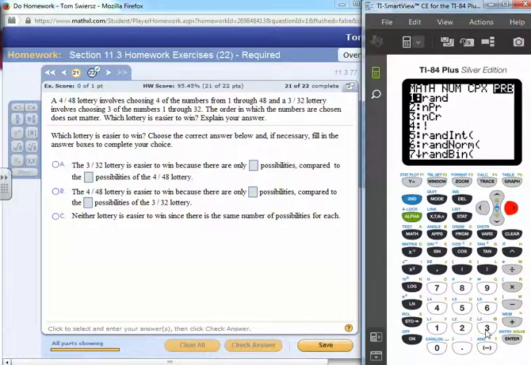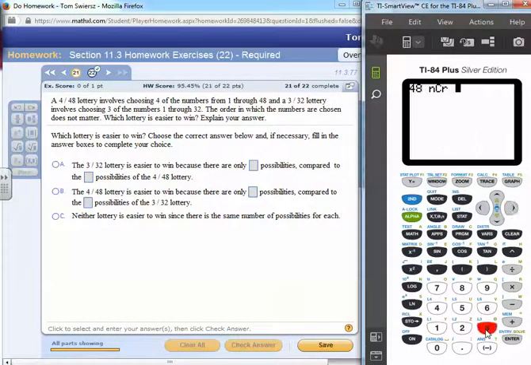It's a combination, order doesn't matter. So we choose combination. For the 48, it's choosing 4 numbers. Hit enter, and we get a total of 194,580.